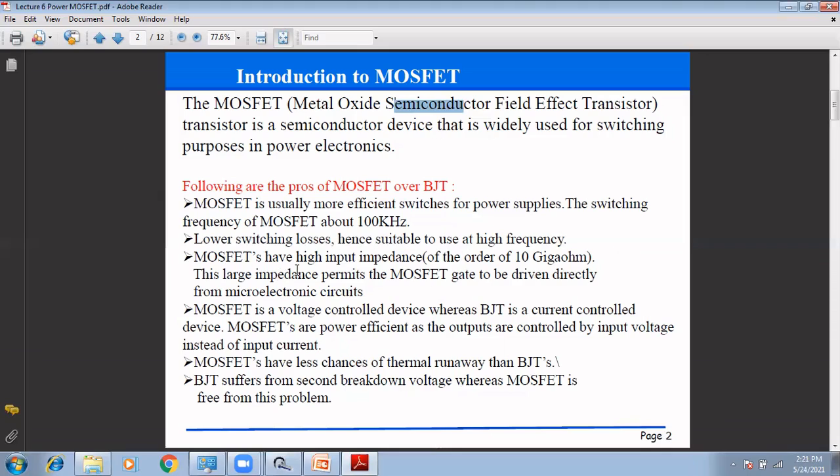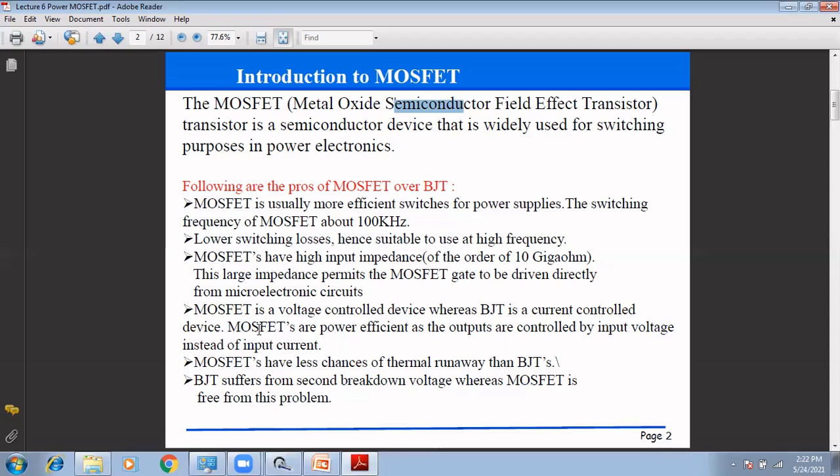Another advantage of MOSFET is that it has very high input impedance, in the order of 10 gigaohm, and this high input impedance permits the MOSFET gate to be driven directly from a microelectronic circuit. That means it takes very little current from the driving circuit and avoids power losses. Next, the MOSFET is a voltage controlled device, whereas the BJT is a current controlled device.